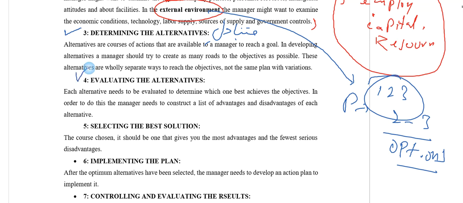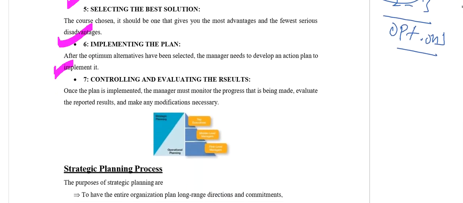Then evaluate the alternatives. When we have 3 options, we have to evaluate each alternative, and we have to select only one. For example, we have selected option number 2. The best solution will be selected. Then we will implement the plan, and after that we will control the plan if it is required.